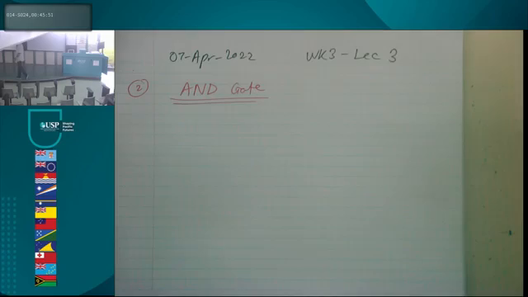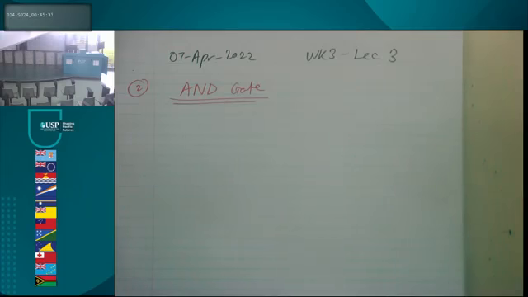If you say Peter and Tom played soccer, that means both of them played soccer. So one way to remember this gate is that AND means that both parties have to be involved.